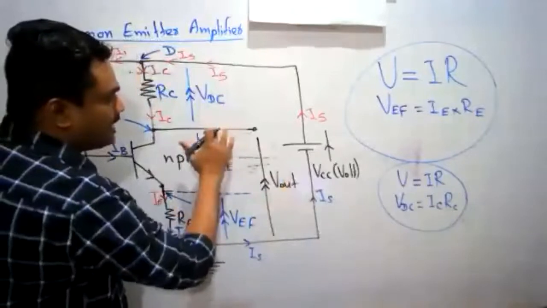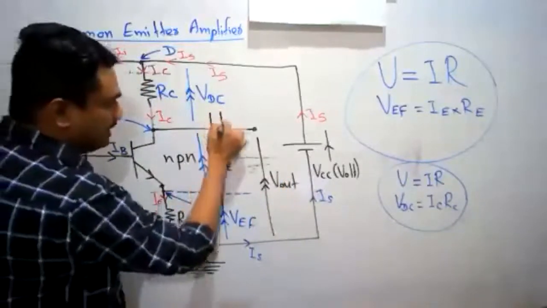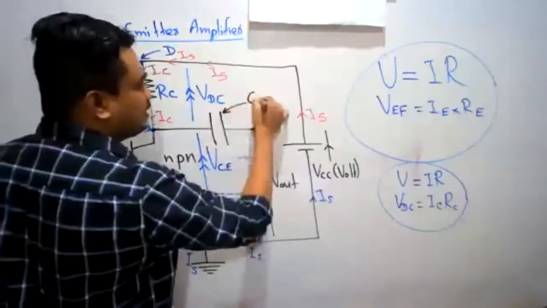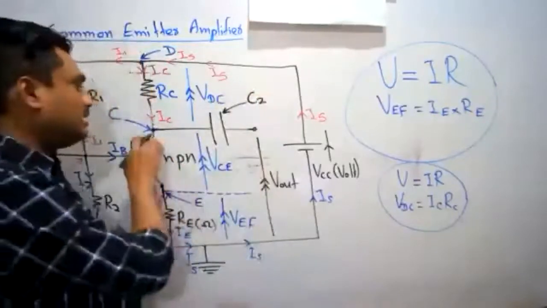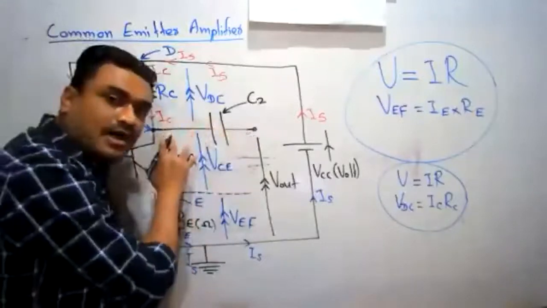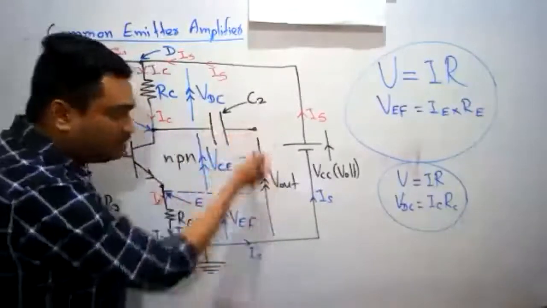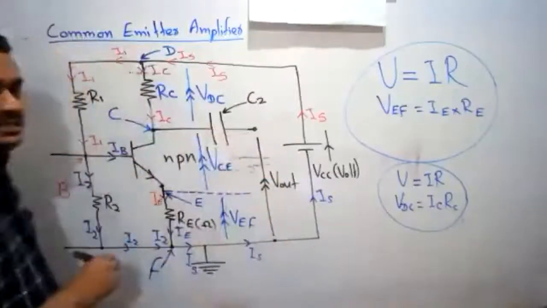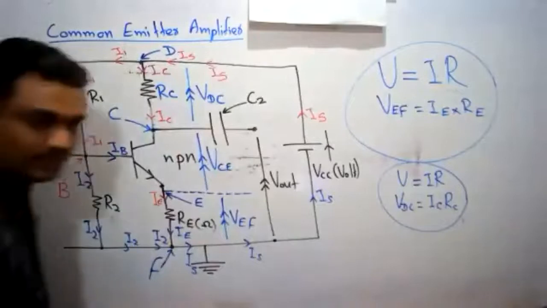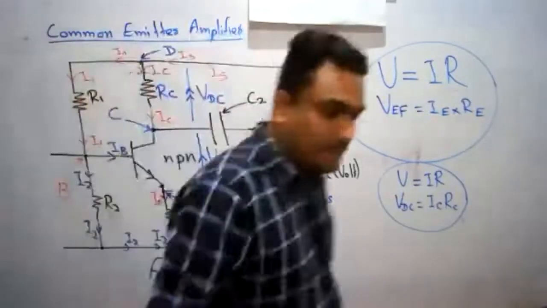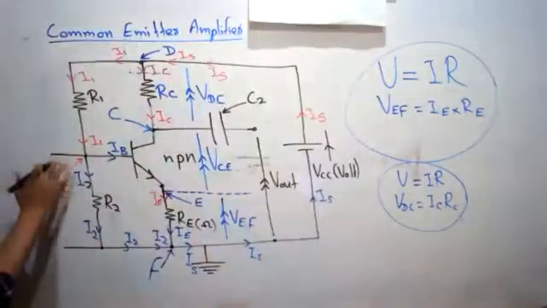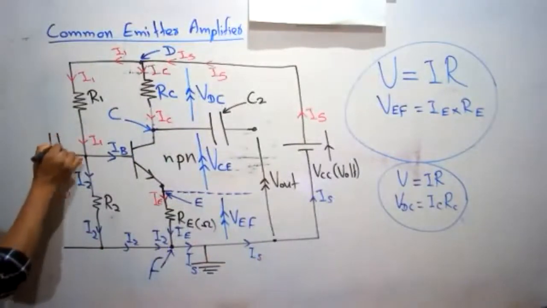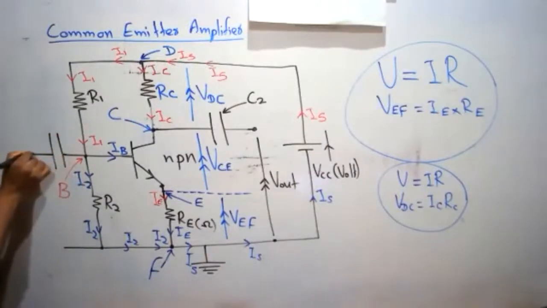Normally we connect a capacitor like this. So C2 is the capacitor. We connect the transistor to the speaker through a capacitor. Actually, there is a speaker here, I didn't draw it. Similarly, we connect a capacitor here before we connect the mic.